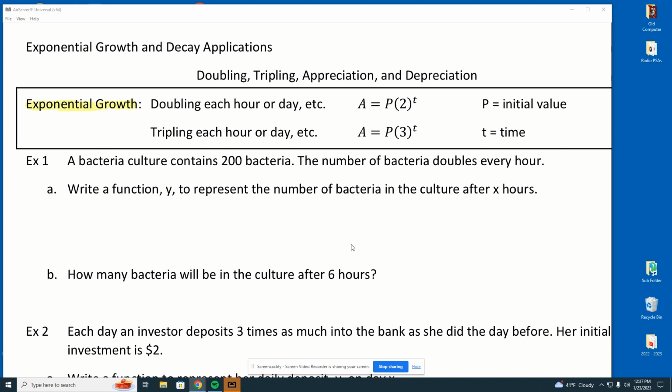P is what we call the principal, and that is your initial value. Whatever it is you're talking about, that's the amount that you start with. Easy enough, right? And then the only difference between the doubling and tripling formula is that one has a base of your exponent that's 2, and the other has a base of your exponent that's 3. Okay? And then your exponent itself is your time.